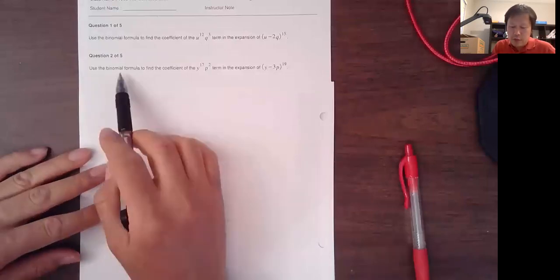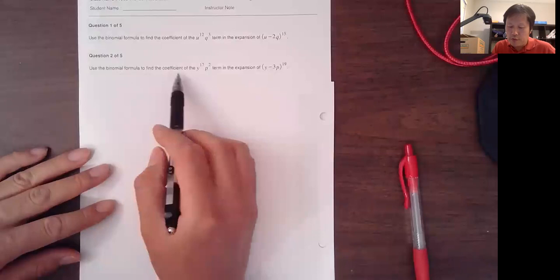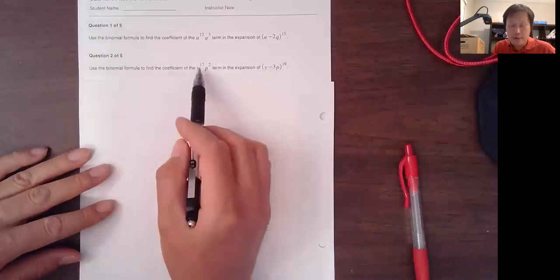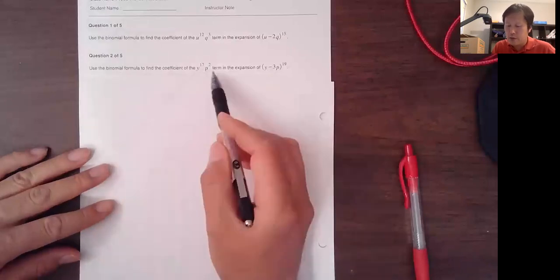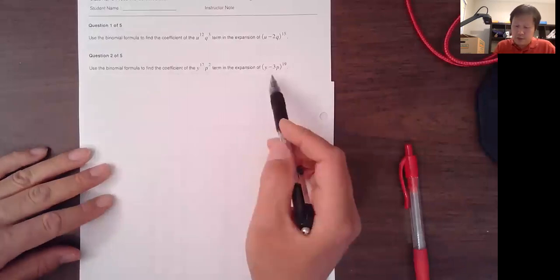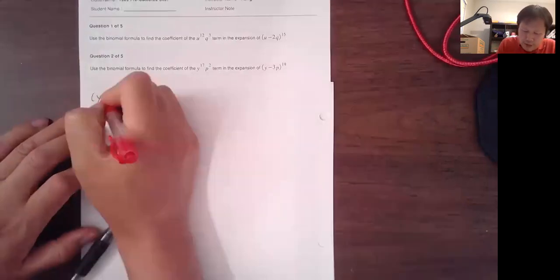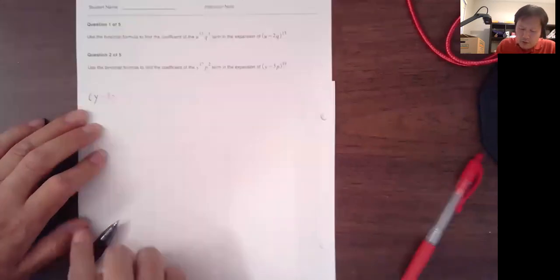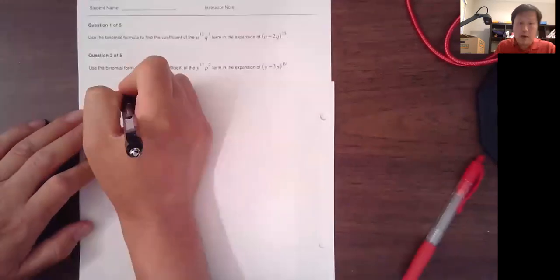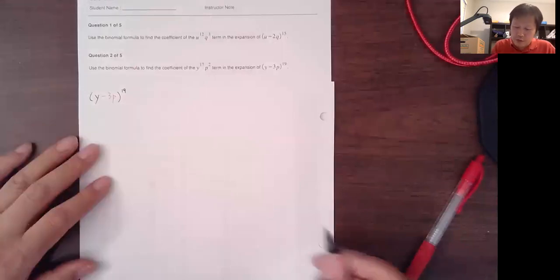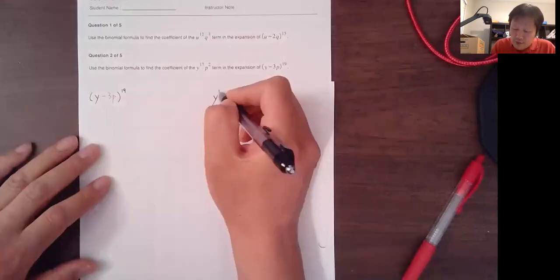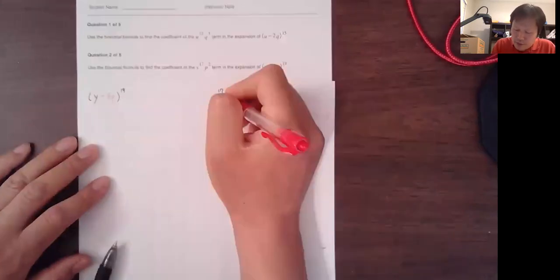So use the binomial formula to find the coefficient of the y to the 17th power, p to the second power term of the expansion of this. So I will write down (y minus 3p) whole thing to the 19th power. What are we looking for? y to the 17th power, p to the second power.